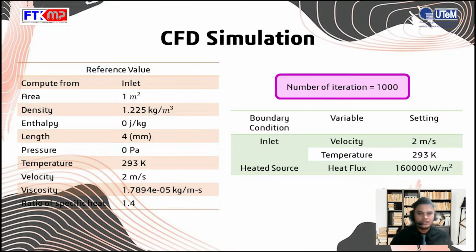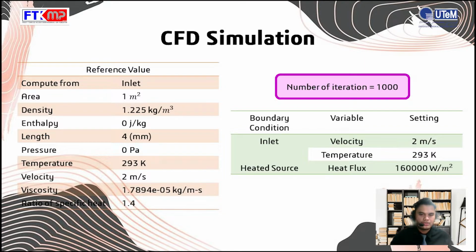The CFD simulation has the reference value. The reference value is computed from inlet: area 1 meter square, density 1.225 kg per meter cube, enthalpy 0, the length is 4 mm, pressure 0, the temperature used 293 Kelvin, velocity 2, viscosity 1.7894, exponential 0.5 kilogram meter per second.